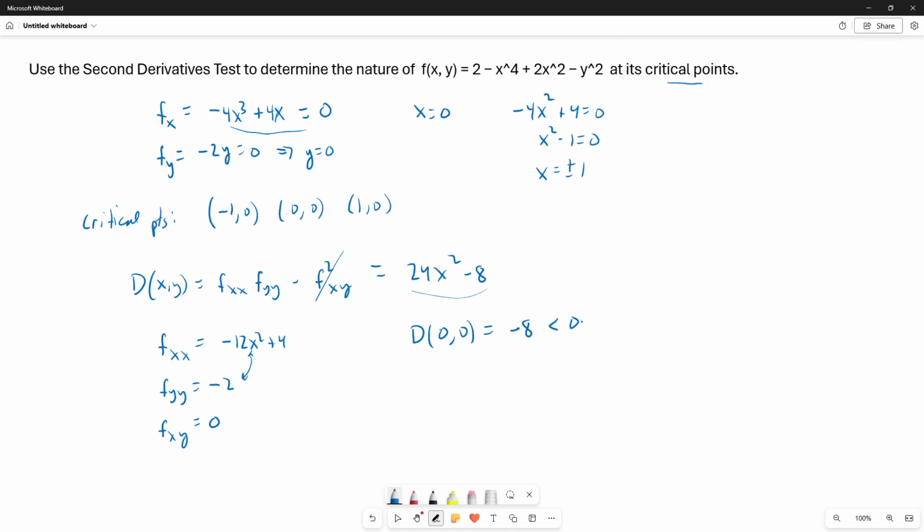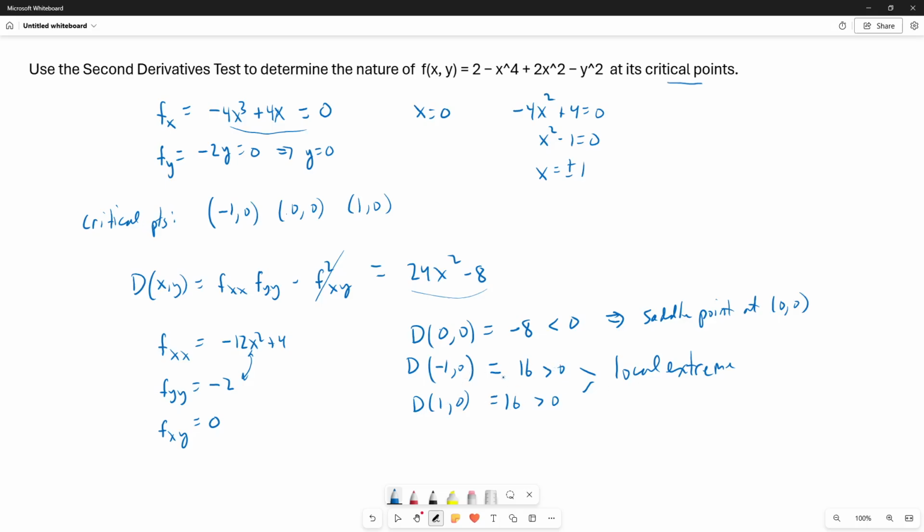That's obviously less than 0, and that means that we have a saddle point at the origin, at (0, 0). And when we plug in (-1, 0) or (1, 0), we get the same thing, because with the x squared we get 24 - 8, which is 16, and that's bigger than 0, and that tells us that we have a local extreme of some sort.